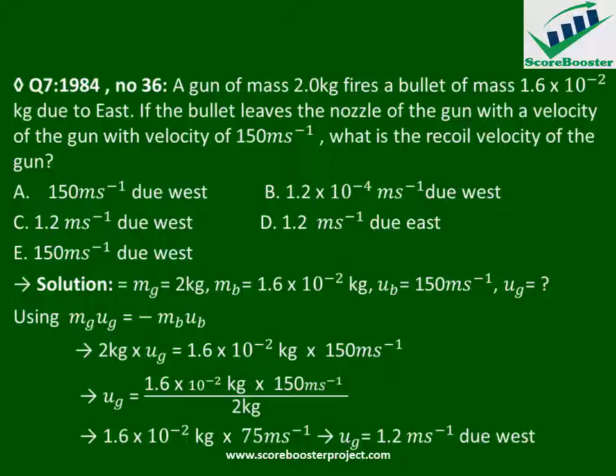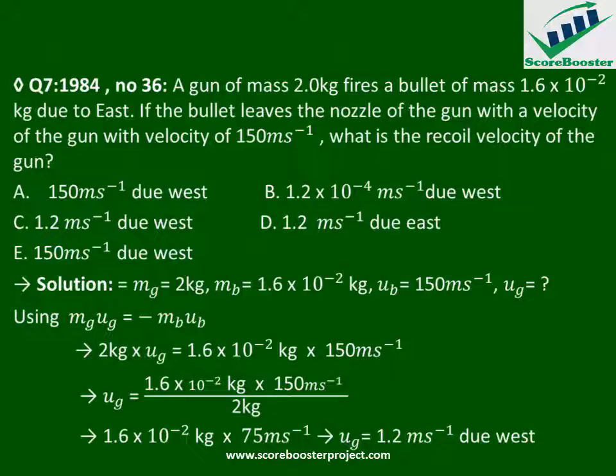Now, using the derivation from Newton's third law, the momentum of the gun is equal and opposite to that of the bullet. That means we are going to use the formula mg, that is the mass of the gun, times ug, velocity of the gun, equals minus mb, mass of bullet, times ub, that is velocity of the bullet.